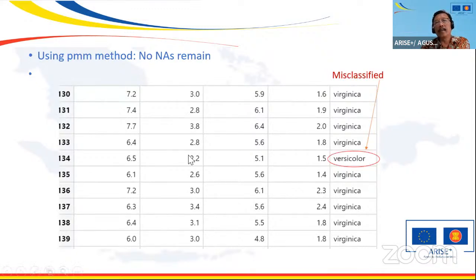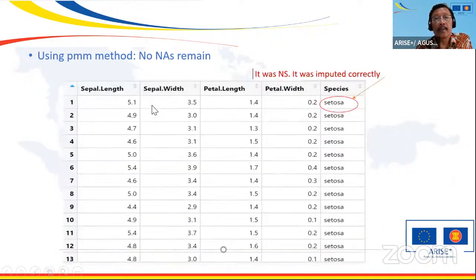The imputation never gets it right every time. So look at this. They give here versicolor. Well, actually, this should be Virginica. This is all Virginica. So maybe wrong, but for this we can, of course, correct it.